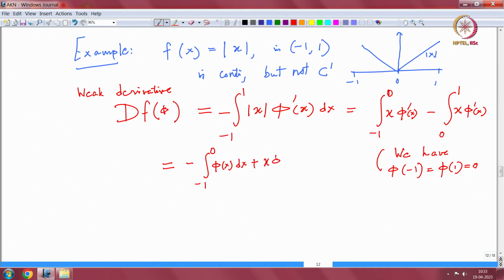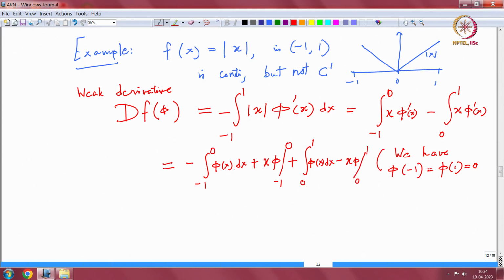You have to keep the boundary terms, because phi does not have compact support in minus 1 to 0, it has compact support only in the sense at 0. And then you do an integration by parts on 0 to 1, there you get plus the integral from 0 to 1 of phi of x dx, and plus minus x phi at 0 to 1.